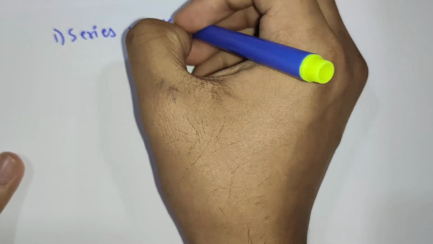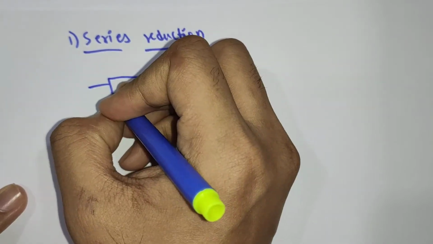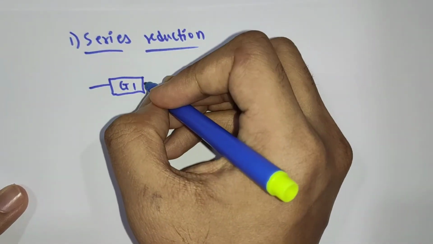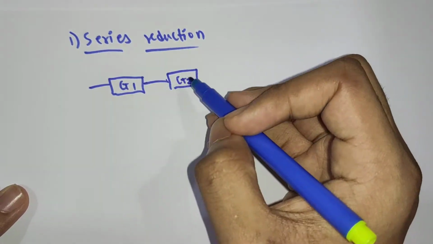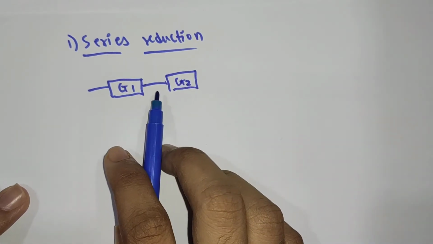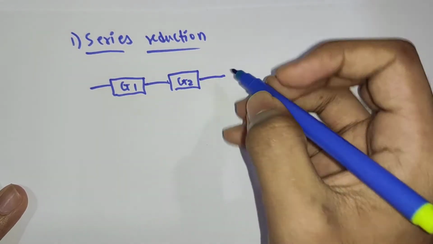What is series reduction and how are blocks connected in series? Suppose there's a block G1 and another block G2, and nothing is connected between them, no takeoff point, no summing point. That means these two blocks are connected in series.